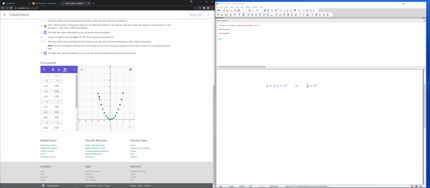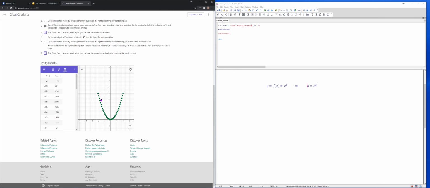With more points, you get a better shape, and if you drop the step size down some more, you're essentially going to get the graph.